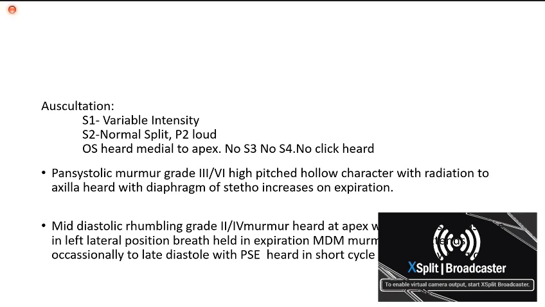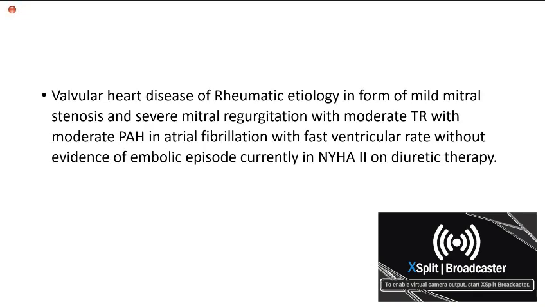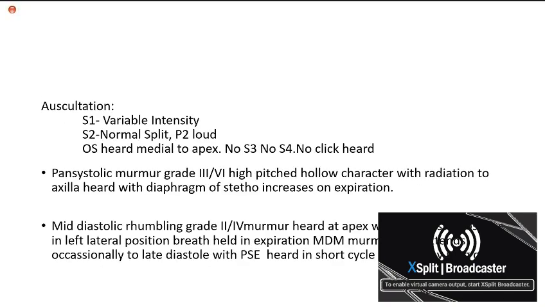The A2OS interval is assessed in the cycle following the long cycle, and the mid-diastolic rumble should be assessed in the long cycle. Yes. Excuse me, one more point, sir. Sir, here P2 is loud, so can we say that MS is severe? It is prominent MS leading on to PAH now. Yeah.